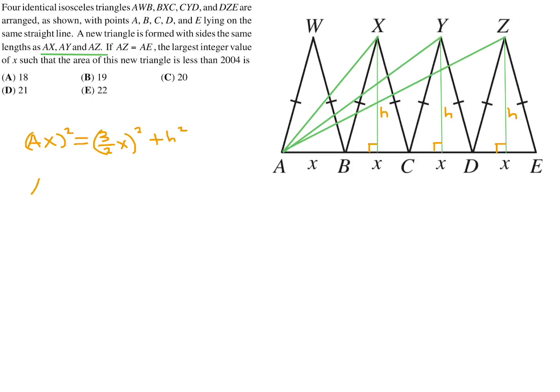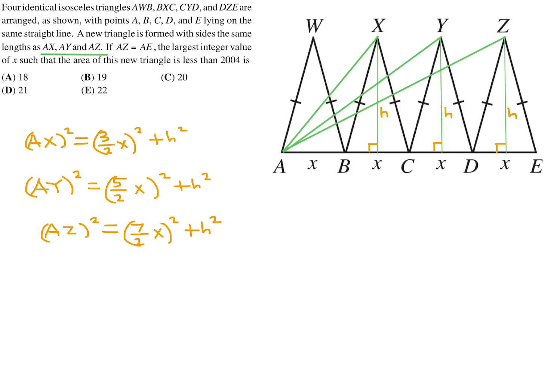And then for AY, in a very similar way, I get from here to here, which is 2.5x, so that's 5 over 2x squared, plus h squared. And finally, AZ squared is all the way from there to there, which is 3.5x, 7 over 2x, plus h squared, like that. Okay? So that's the first part of the setup of this question.